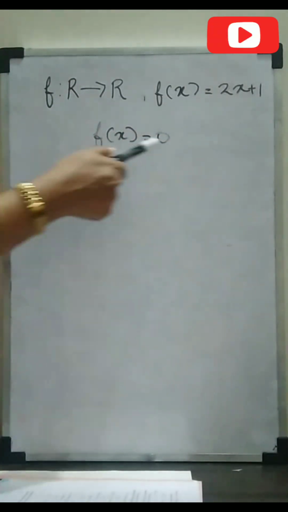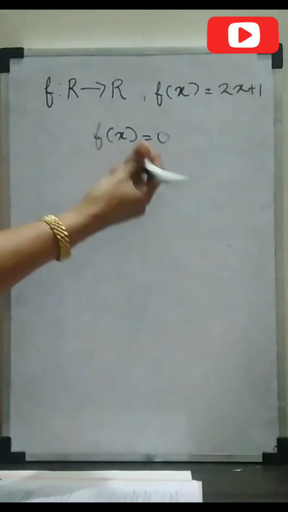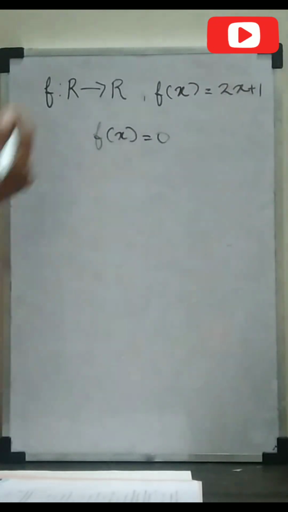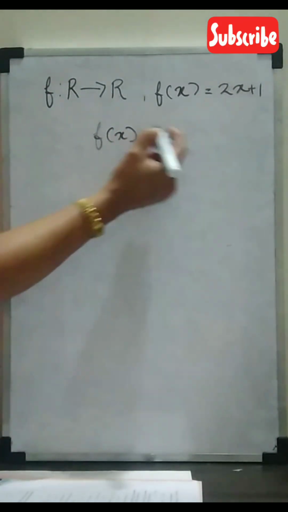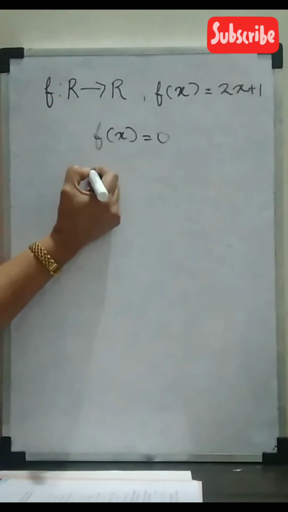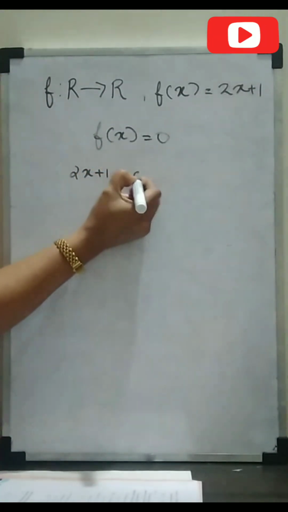That is our output is 0. So இதுக்கு ஒரே ஒரு ப்ரீ இமேஜ் தானே இருக்கு, ஒரே ஒரு இன்புட் தானே இருக்குன்னு எப்படி பார்க்கிறது? See here f of x is equal to 0. That means 2x plus 1 is equal to 0 ன்னு வரும் இல்லையா?